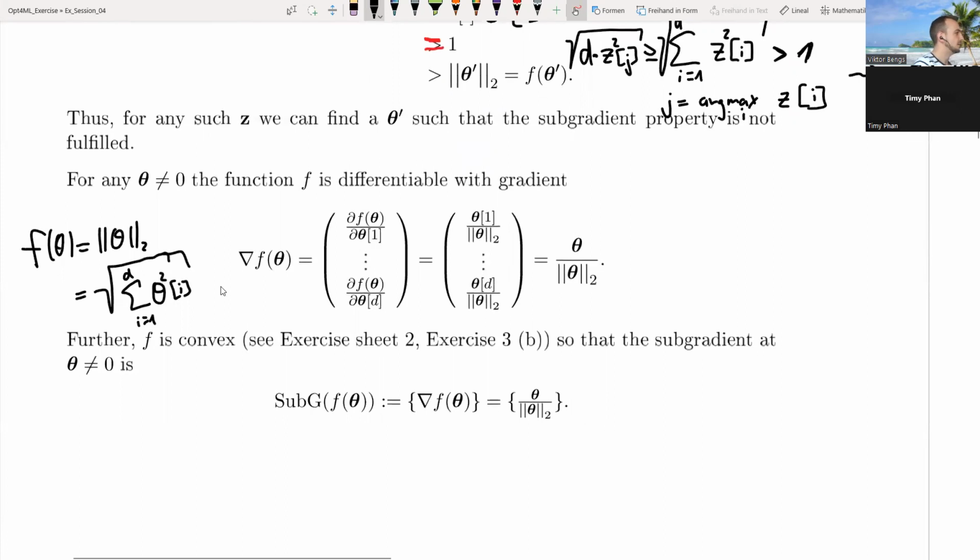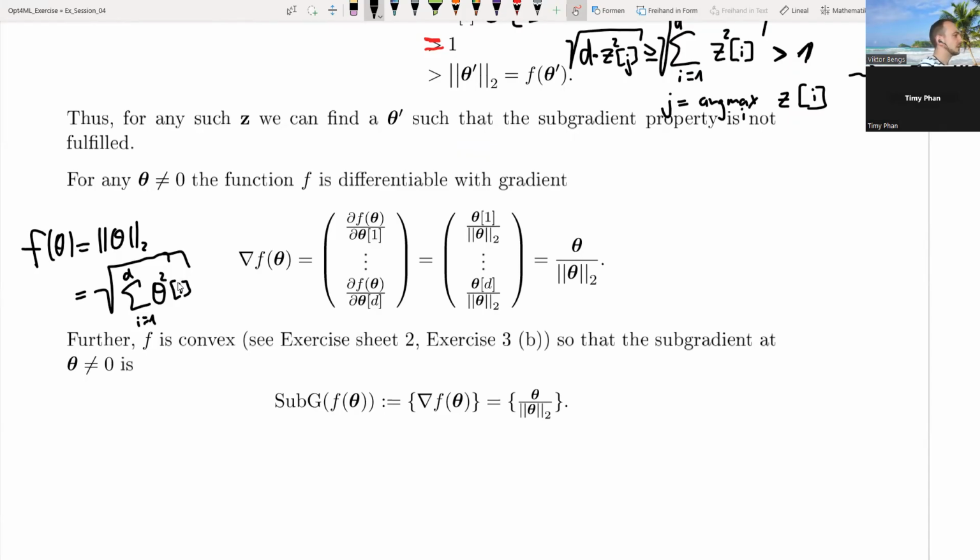And well, if we now fix one component of the theta vector and look at the partial derivative with respect to that component, what do we have here? Well, yeah, we can go for our usual way to compute derivatives. And what do we get?